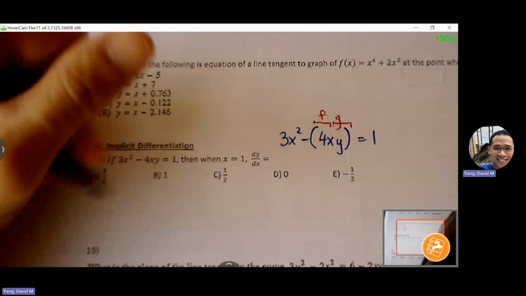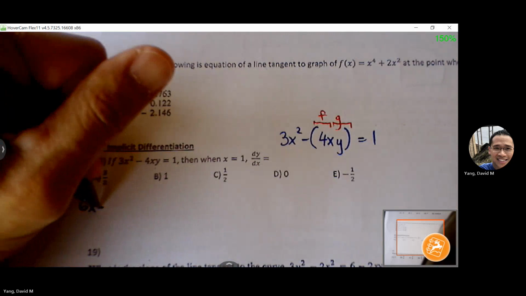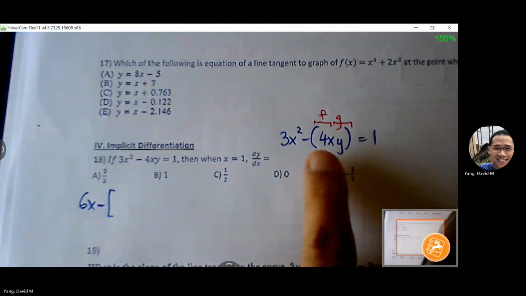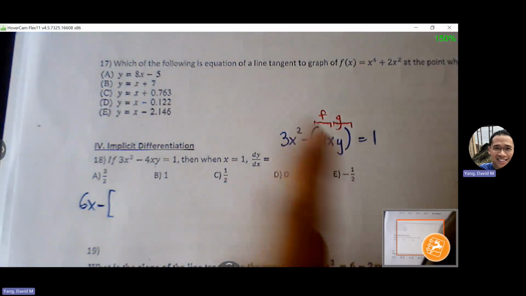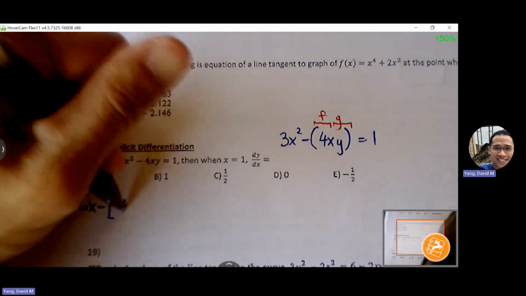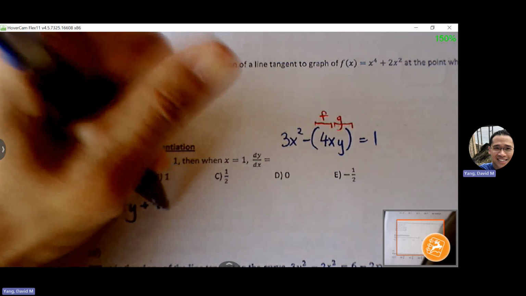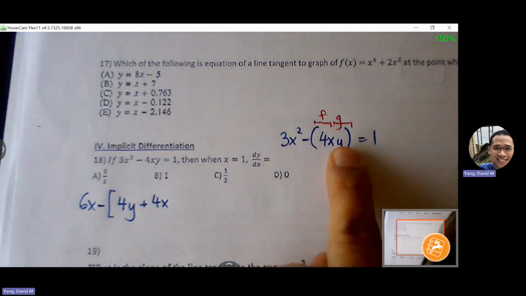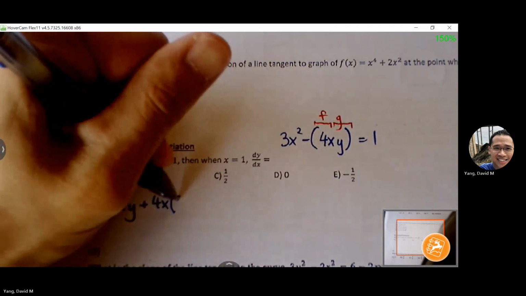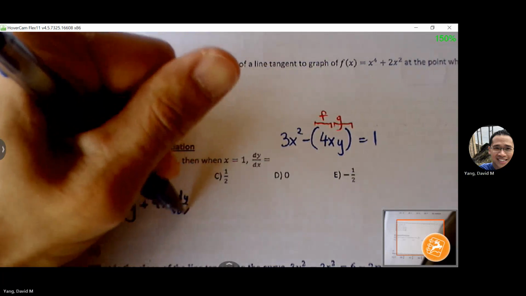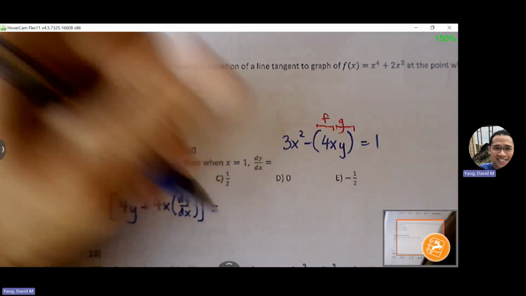First, 3x² becomes 6x. Okay, f prime g plus f g prime. So f prime times g plus f g prime. So y's derivative becomes dy/dx. Then what does the 1 become?